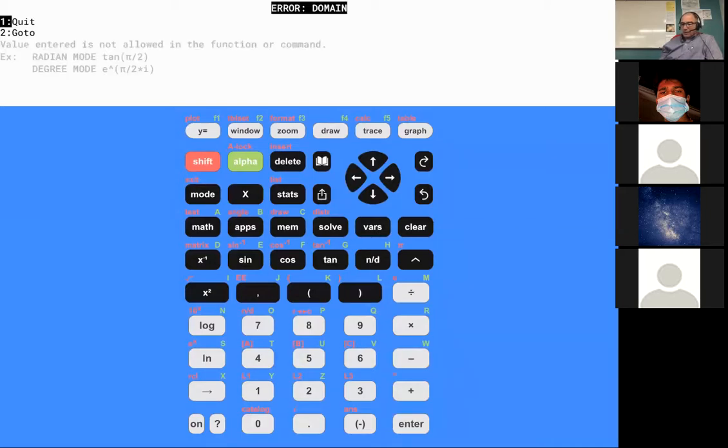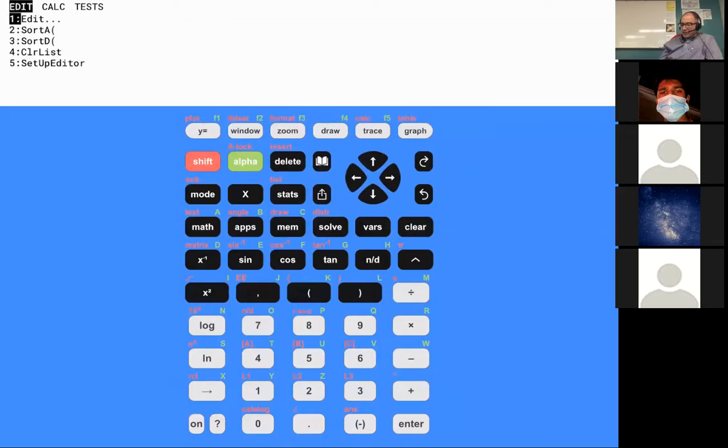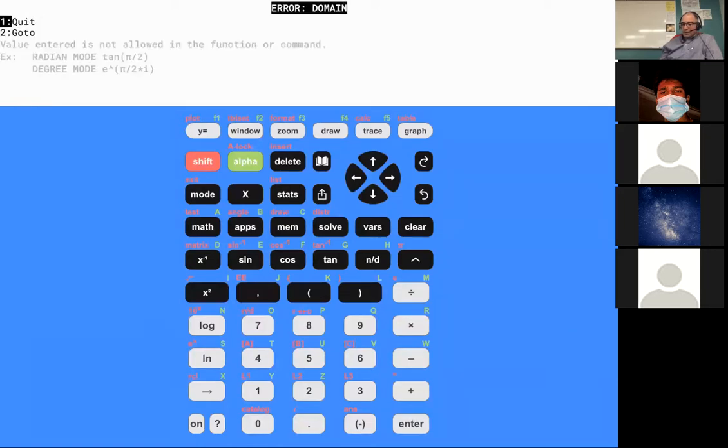Okay then. Value entered is not allowed in a function or command. Well, let's see what I entered. Clear. I actually don't know what caused that. We'll try again. Stat, go over to calculate. List 1, list 2. Everything should be fine.